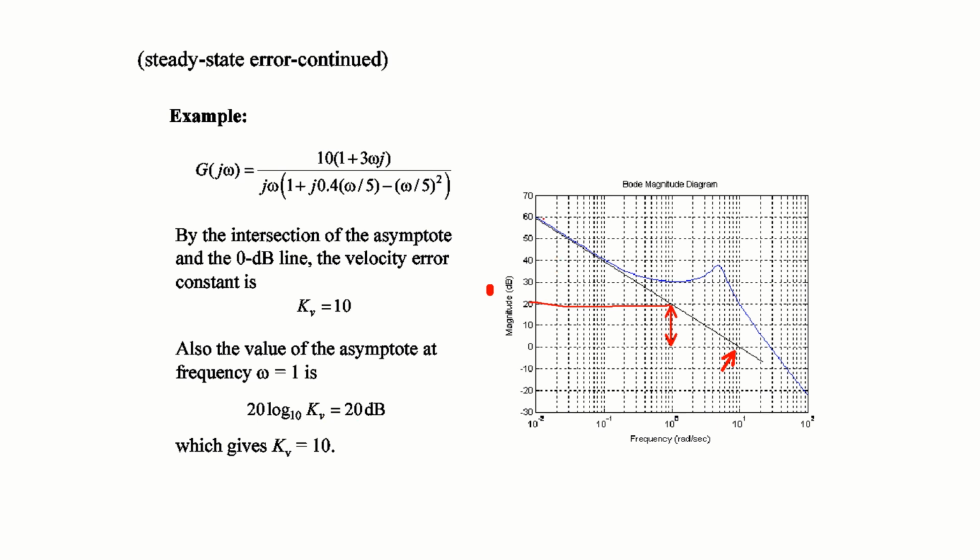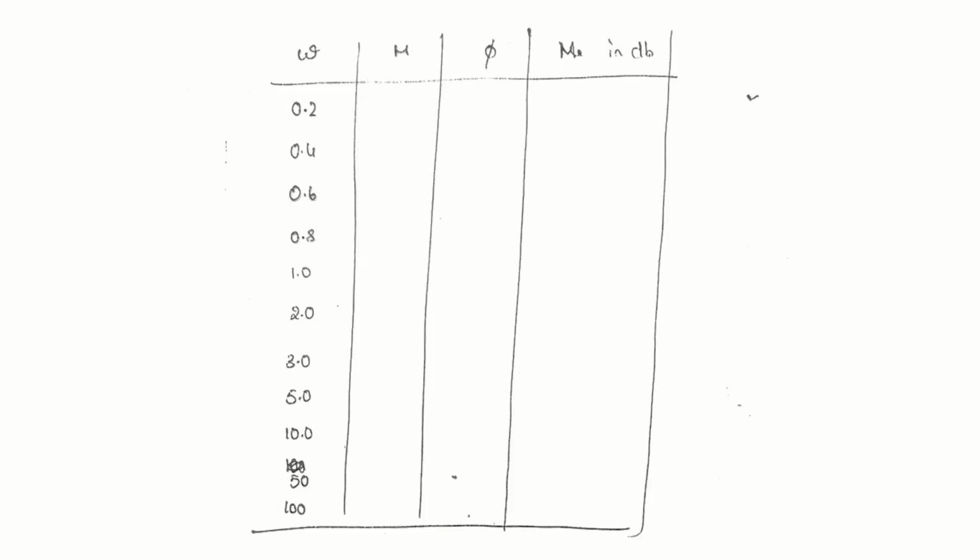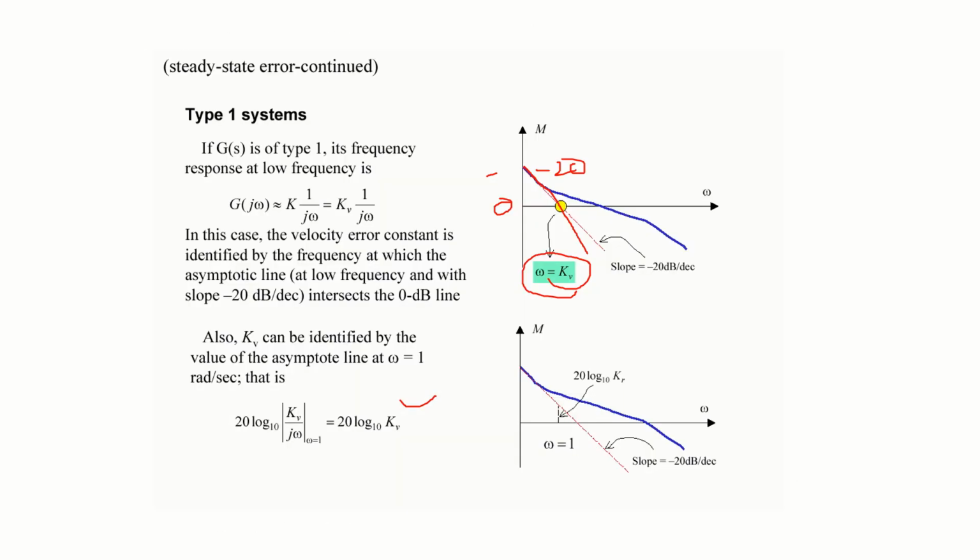Draw the Bode plot, draw that minus 20 dB line; 10 to the power of 0 is 1. At omega equal to 1, you get that 20 dB value. Read the 20 dB value and get Kv. So you can also find the steady state error.